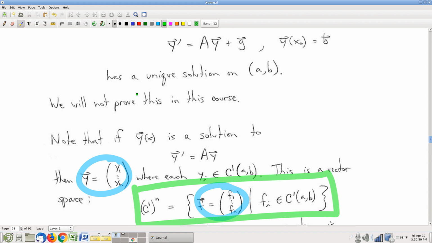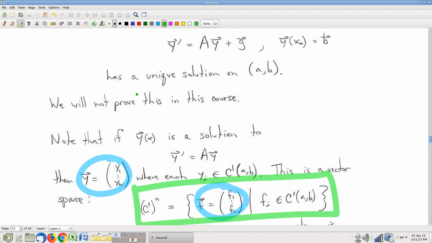This thing I'm calling a vector space is the collection of all ordered n-tuples of continuously differentiable real-valued functions. This is a vector space. Good Chapter 2 problem, by the way: prove that this is a vector space. It's not hard to do, right? Good exercise, though, so please give that a try.